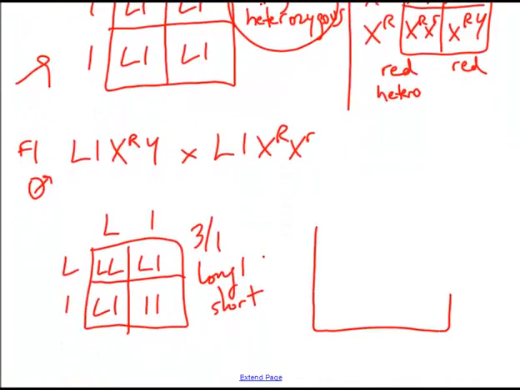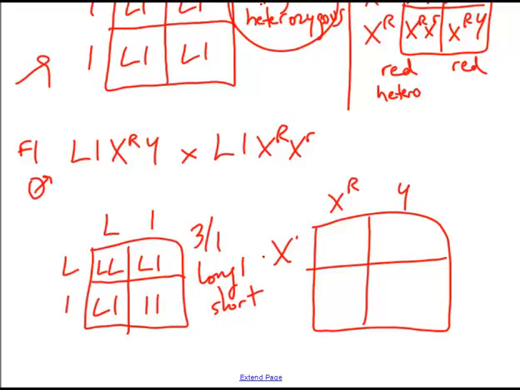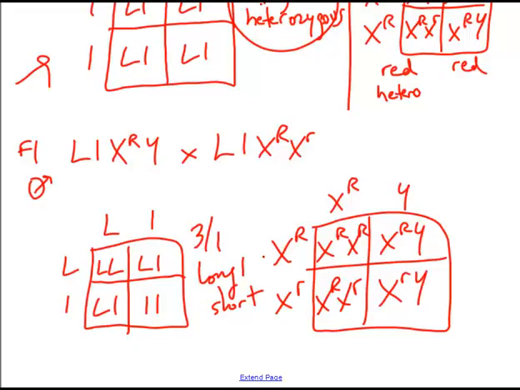This other cross is a little bit more complicated because it's X big R Y, X big R, X little r. So let's take a look here. And it's going to turn out great, you guys. So what does this tell us? All the females, while they're not all genotypically identical, they all look red, right?